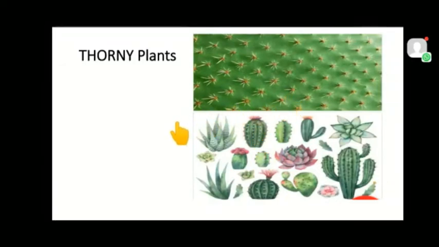This type of plants you can see in desert areas and low rainfall areas. The best example of thorny plants: cactus. This is the cactus plant. Have you ever seen this type of plant, children? Maybe no. This type of plants are called thorny plants.